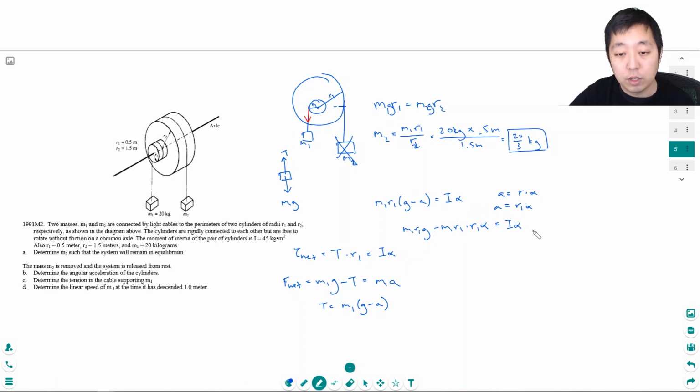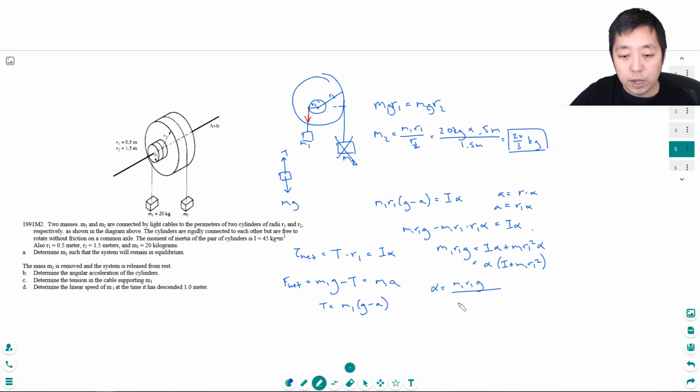I'm going to bring this over to here and factor out the alpha. So I get M1 R1 G is equal to I alpha plus M1 R1 squared alpha. So that's equal to alpha times I plus M1 R1 squared. And now I can solve for alpha. Alpha is equal to M1 R1 G divided by I plus M1 R1 squared.